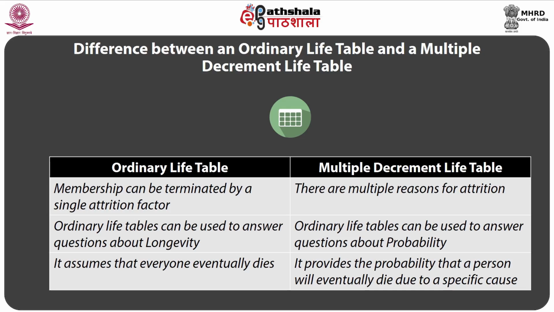A multiple decrement life table will be used to answer the question, namely, what is the probability that a newborn will die due to a specific cause before reaching age 65. In an ordinary life table of mortality, it is assumed that everyone eventually dies. The multiple decrement life table will provide the probability that a person will eventually die due to a specific cause.